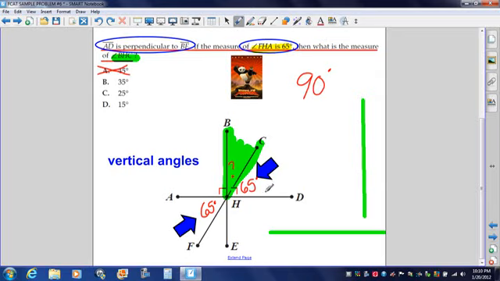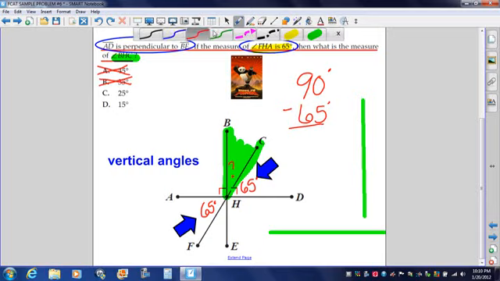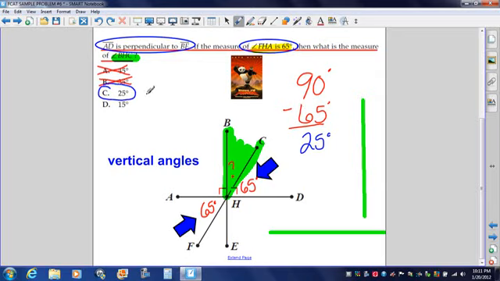I'm pretty sure that 65 and 35 is going to give me more than 90. So we will subtract these. Bada bing, bada boom. I do believe in my limited wisdom, power, and knowledge, I should get 25 degrees. That is my perfect or precise answer. So the measurement in here is 25 degrees.